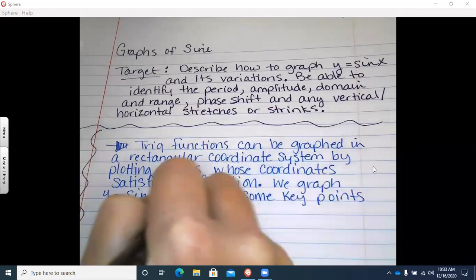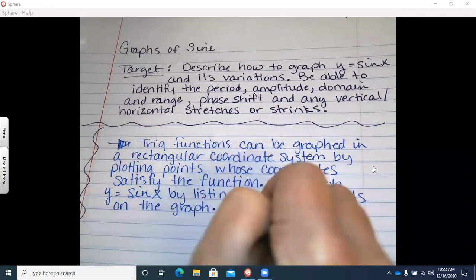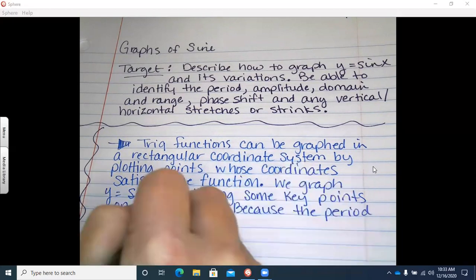Because the period of the sine function is 2 pi, we will graph the function on the interval from 0, including 0, to 2 pi, including 2 pi.